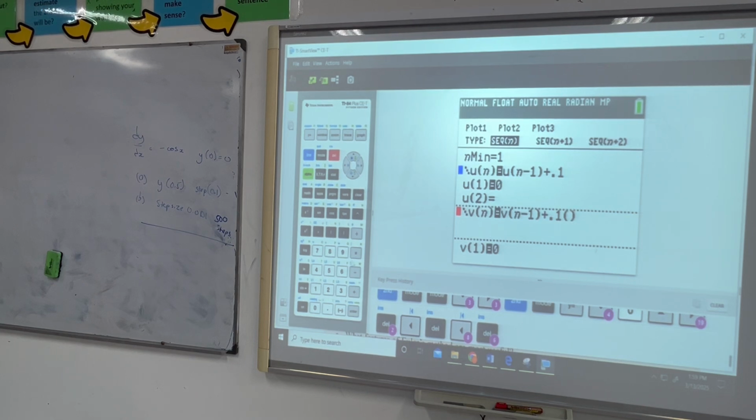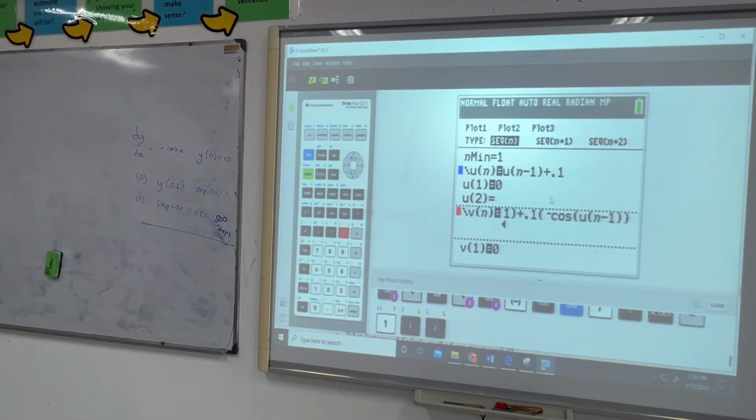Okay, so I'm going to put in a negative cosine, second u bracket n minus 1 again. This is our n up here, n minus 1. I think there's a double bracket on this one, yes. It's always that's the first n that you count. Yeah, you wouldn't need to change that. Okay, so that's set up now.